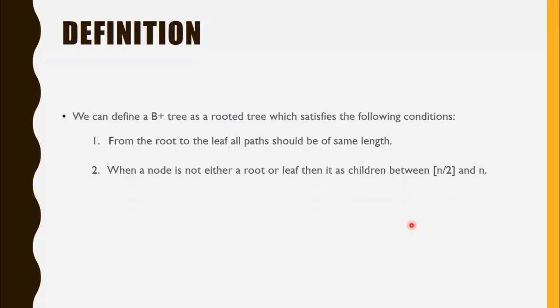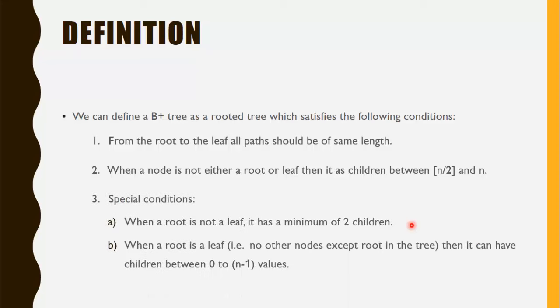When a node is neither a root nor a leaf, it has between n by 2 and n children. Some special conditions: when a root is not a leaf, it has a minimum of two children, it should not have 0 or 1, at least two children. When a root is a leaf, that is, there is no other node except the root in the tree, then it can have between 0 and n minus 1 values.